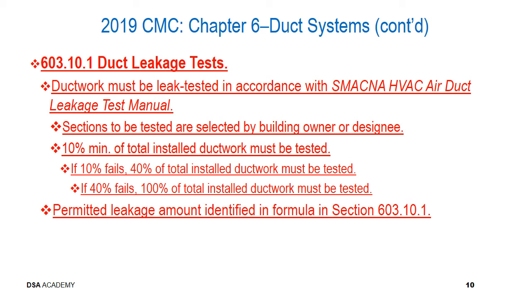Now there is a permitted leakage amount that's identified in a formula that's located in section 603.10.1, and the contractor is going to refer to that particular formula in order to identify if any leakage that is detected is within the acceptable parameters that are required per the CMC.